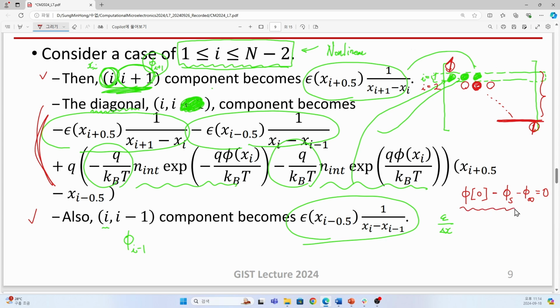This is the function we have to evaluate at the i equal to 0 point.